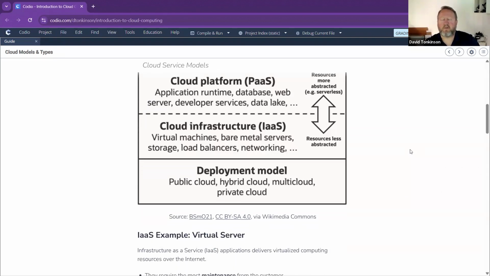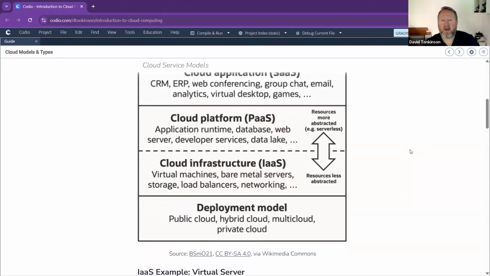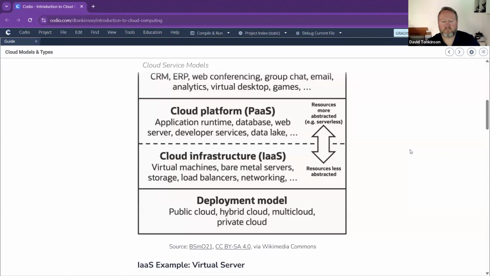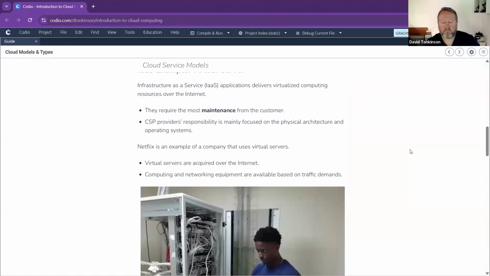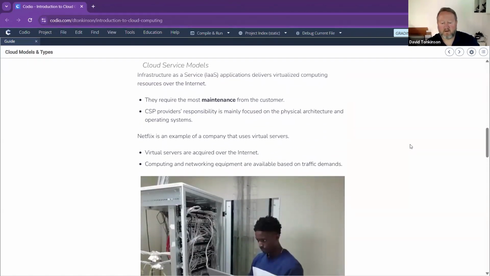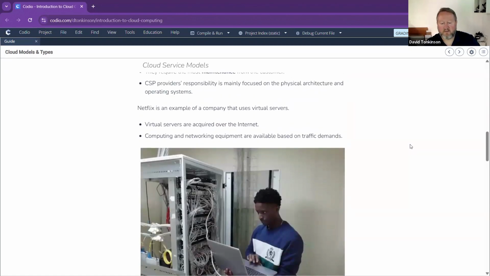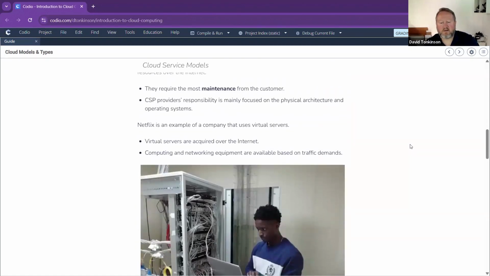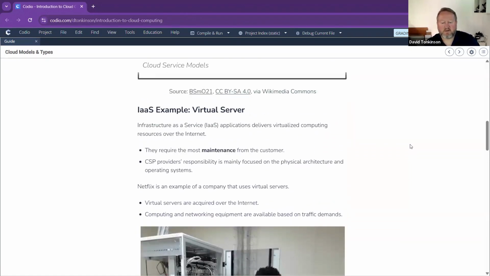I can control load balancers, networking, storage devices. Whereas if I'm doing PaaS, I don't want to get involved with that. I might not care about that. I just basically want to write my beautiful code.